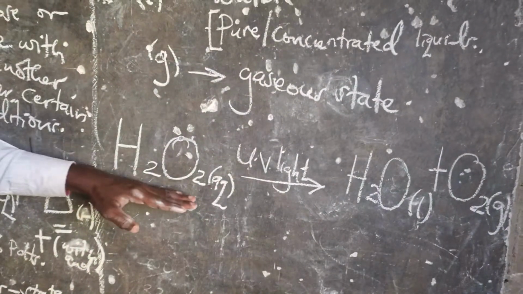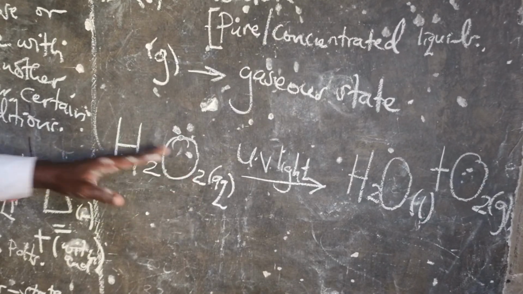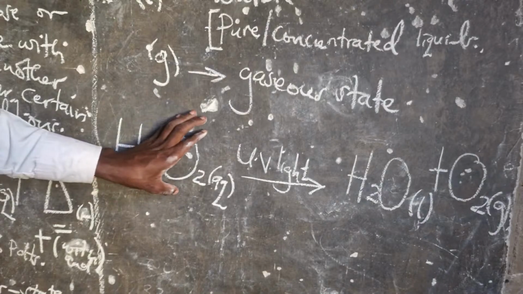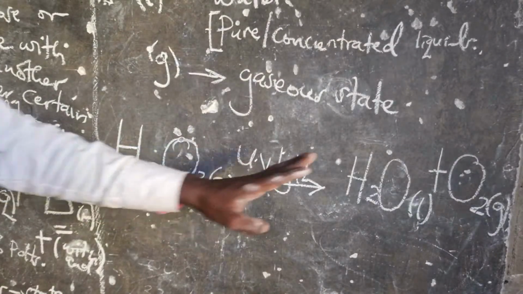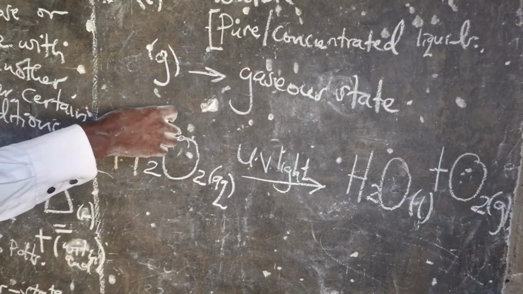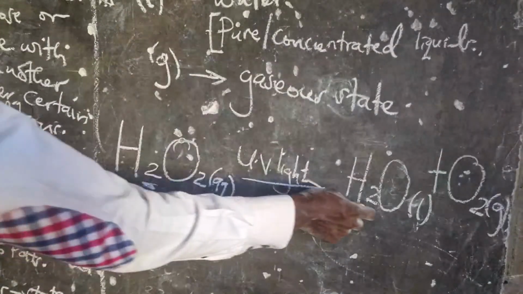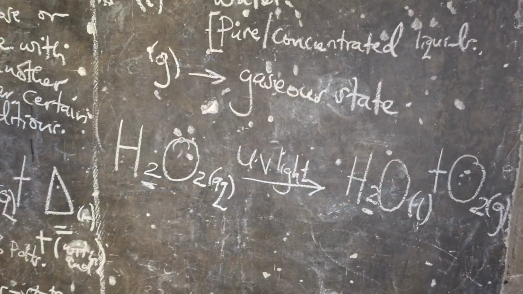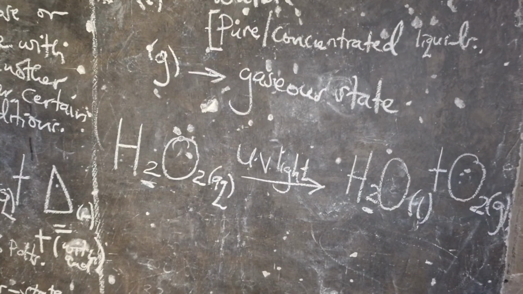So to make this equation stoichiometric, we must balance it. We must have equal number of individual atoms this side as they are the other side. So when we look at this, we have 2 hydrogen atoms. This side too, we have 2 hydrogen atoms. We are trying to balance this one.